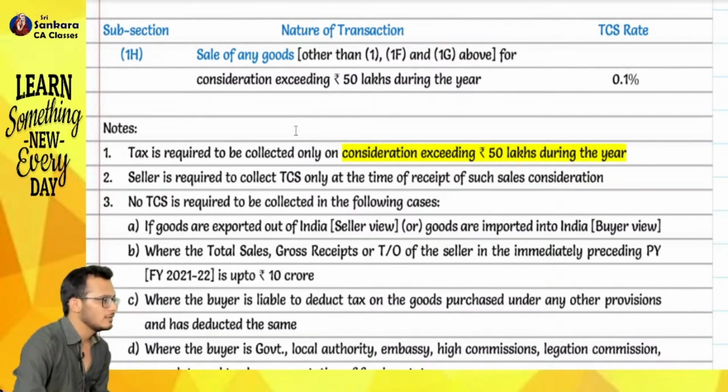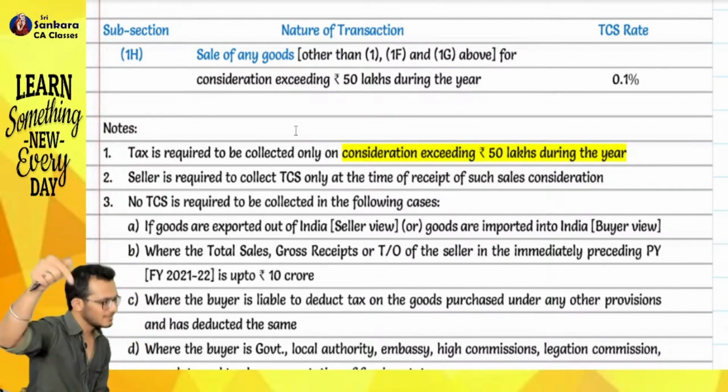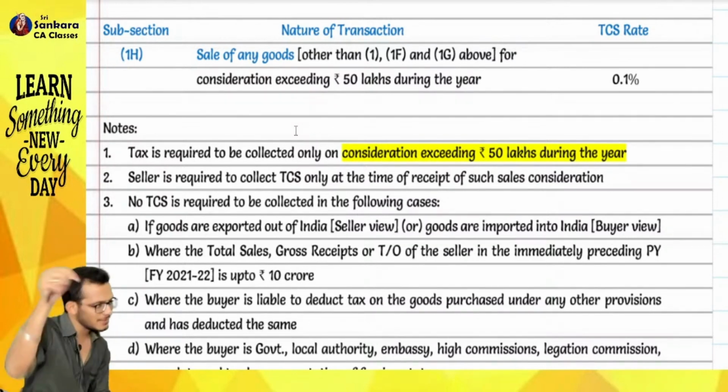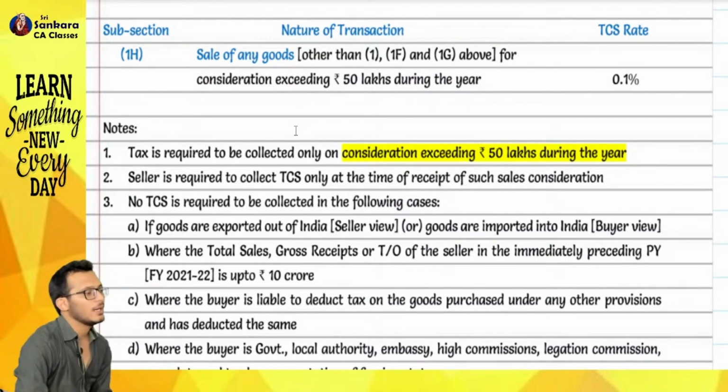The provisions say 194Q will not apply when any TCS applies, except for this section. What does that mean?